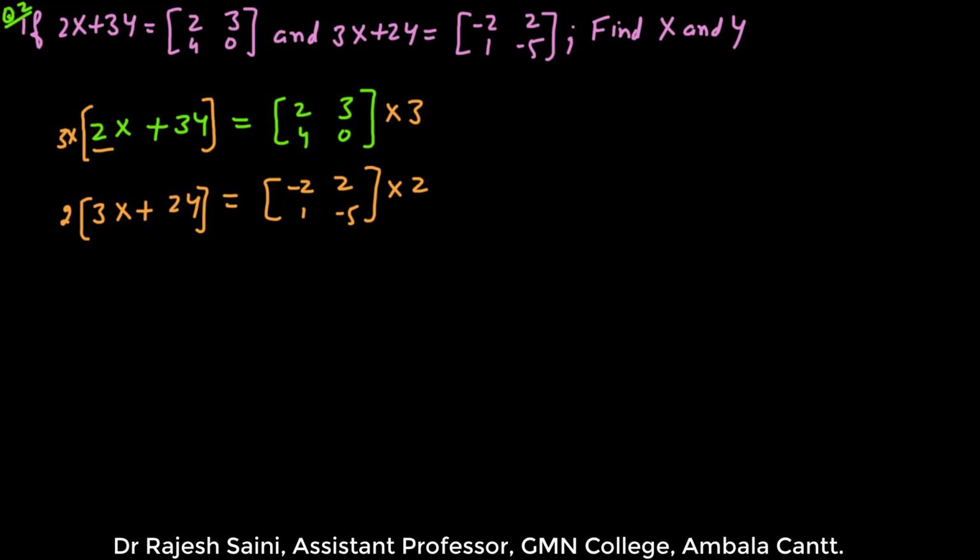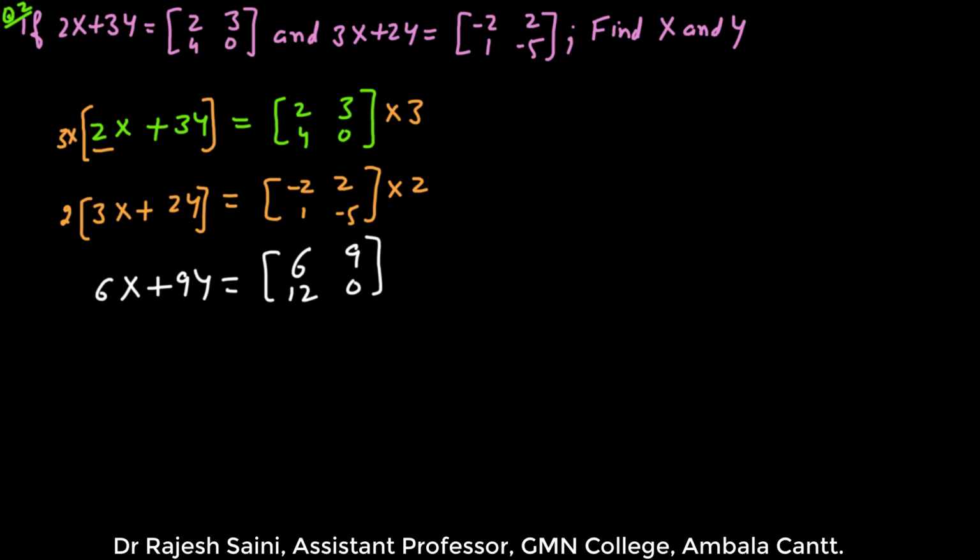So I will be writing it as 3 into 2 is 6X, 3 into 3 is 9Y, and this is scalar multiplication, element wise it will be multiplied. 3 into 2 is 6, 3 into 3 is 9, 3 into 4 is 12, 0 into 3 is 0.